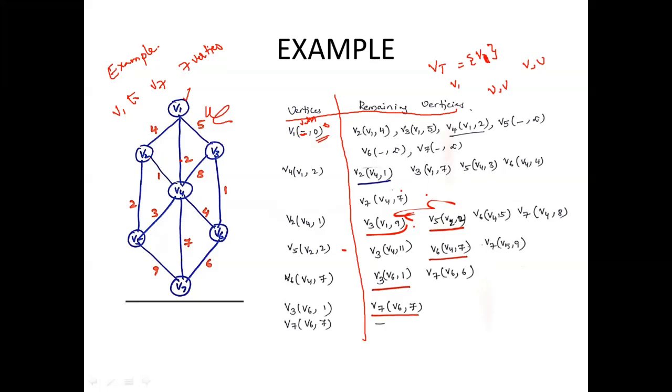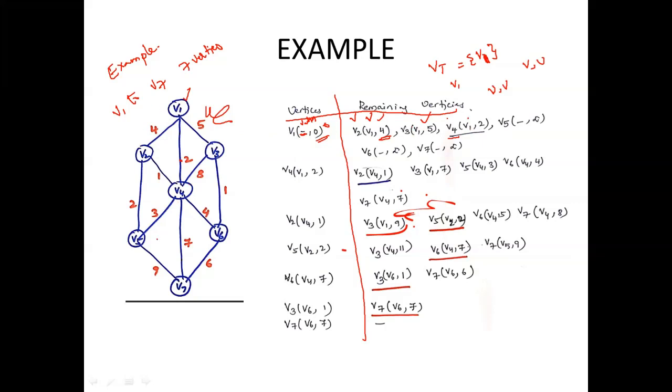From V1 to V2, I have an edge with weight 4. Then I can reach V3 from V1, so we write it as V3, V1 with weight 5. And from V1 to V4, I can visit with weight 2.